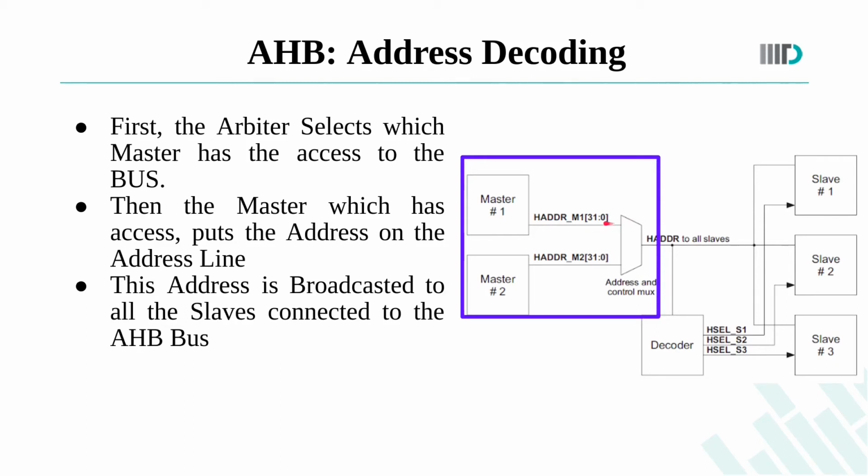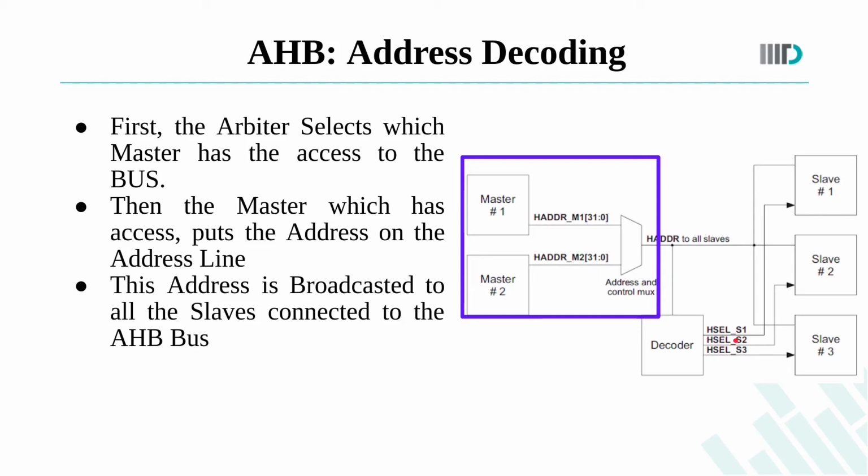Whichever master has access to the bus, its address is then broadcast to all the slaves, and along with that, this address is also decoded by a decoder to understand which slave this address corresponds to and which slave needs to serve it.